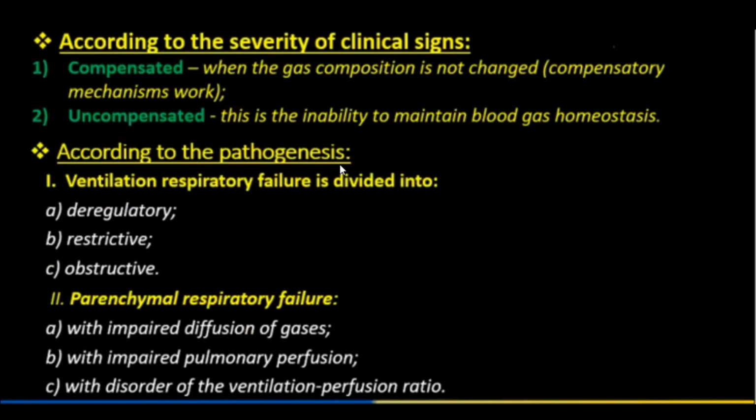Next, according to the pathogenesis, ventilation respiratory failure is divided into dysregulatory, restrictive, obstructive, and parenchymal respiratory failure, with impaired diffusion of gases, with impaired pulmonary perfusion, and with disorders of the ventilation-perfusion ratio.